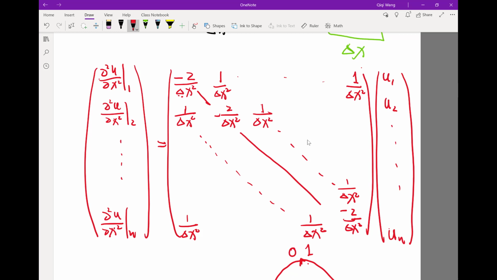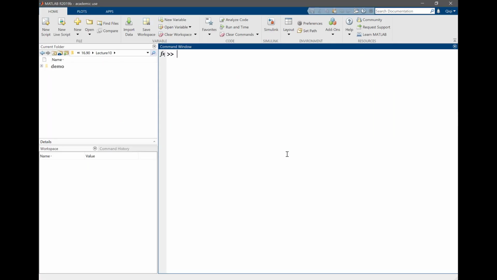Okay, so let's try to construct this in MATLAB and look at its eigenvalues. I have a matrix A. Somebody tell me what n should I look at? I think we started with something small last time, right? 10, okay, good.